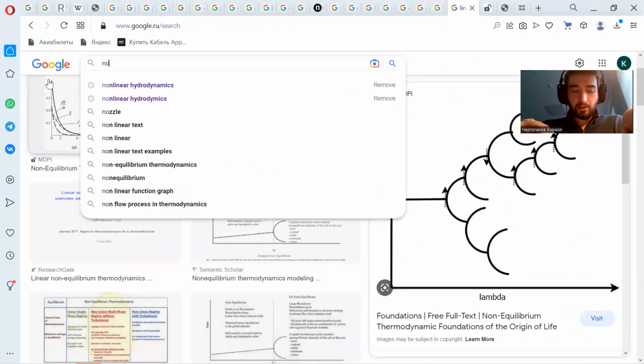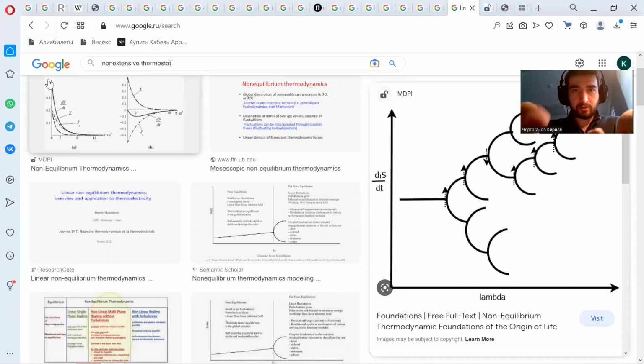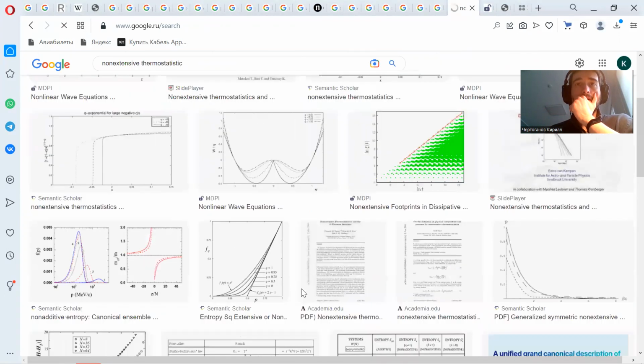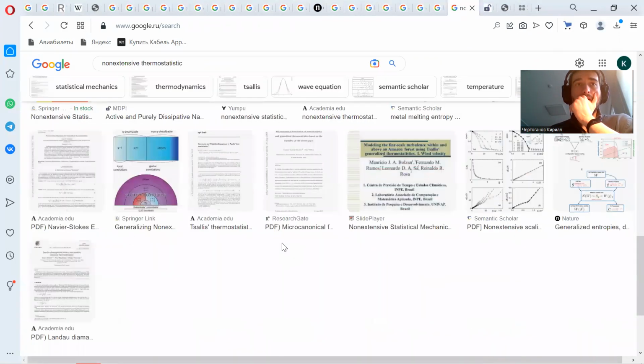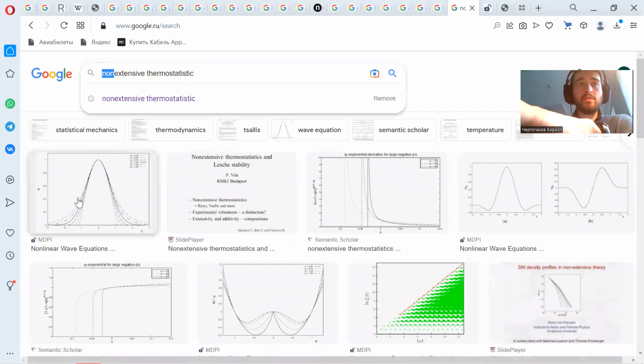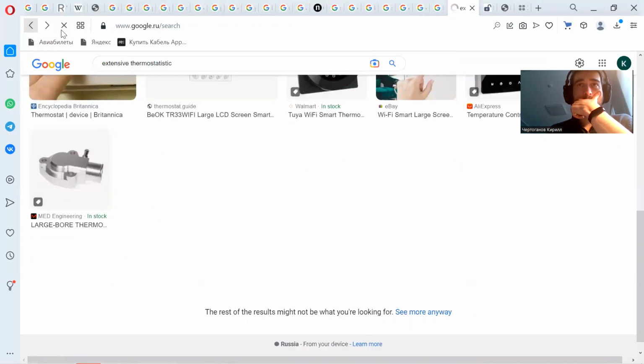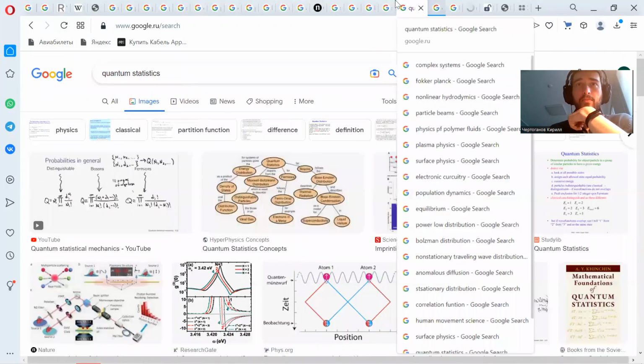Really, non-extensive thermostatistics. Let's see. Okay. Maybe next time.